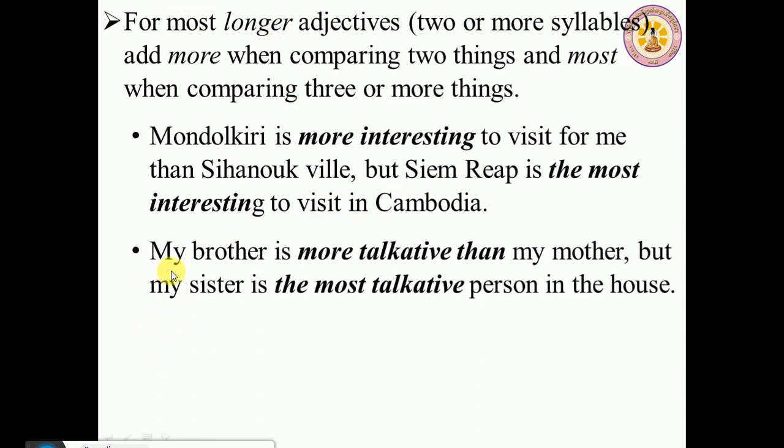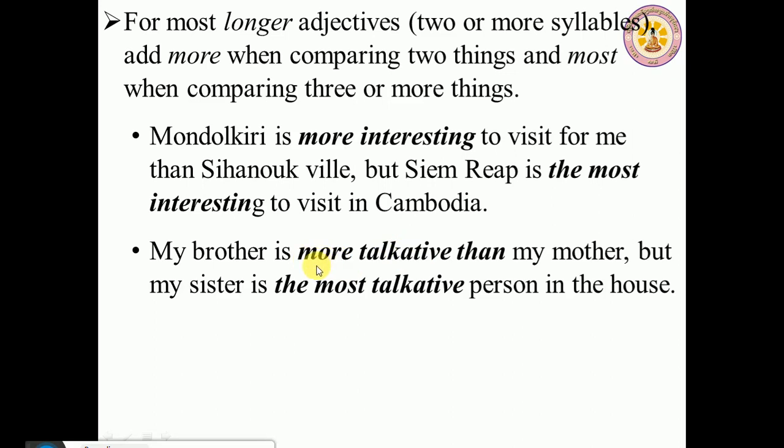One more. My brother is more talkative than my mother, but my sister is the most talkative person in the house. So my brother is more talkative than my mother. So we use "more talkative than" because talkative is a three-syllable adjective, a long adjective.